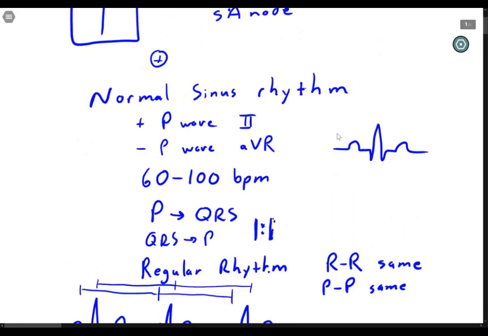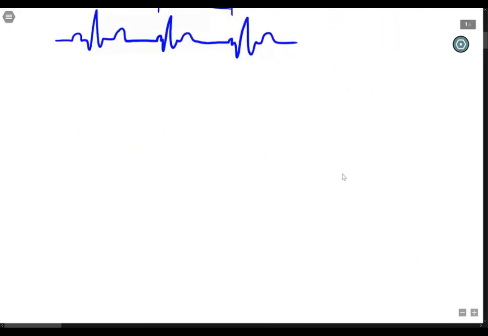Now, let's change just one of these criteria, that being the heart rate. What if the heart rate was less than 60? Or what if it was more? If the heart rate was greater than 100, this is a tachycardia.